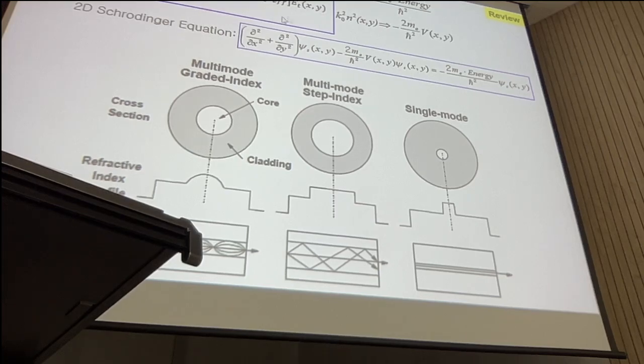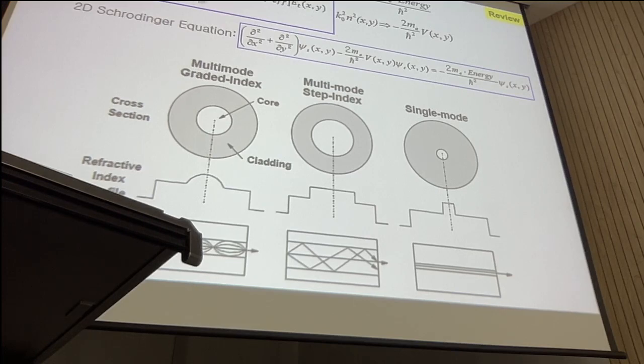The other equation becomes like this: del square in two-dimensional space, k0 square n of waveguide xy, and t becomes k effective times et.